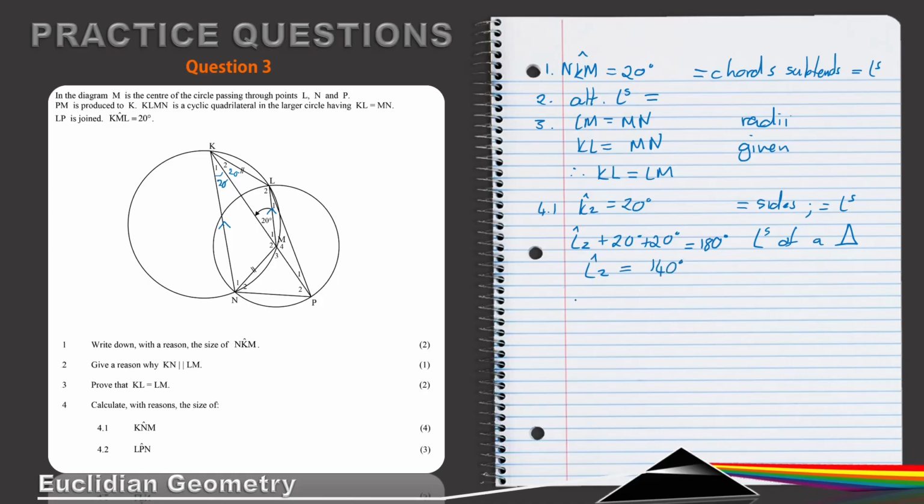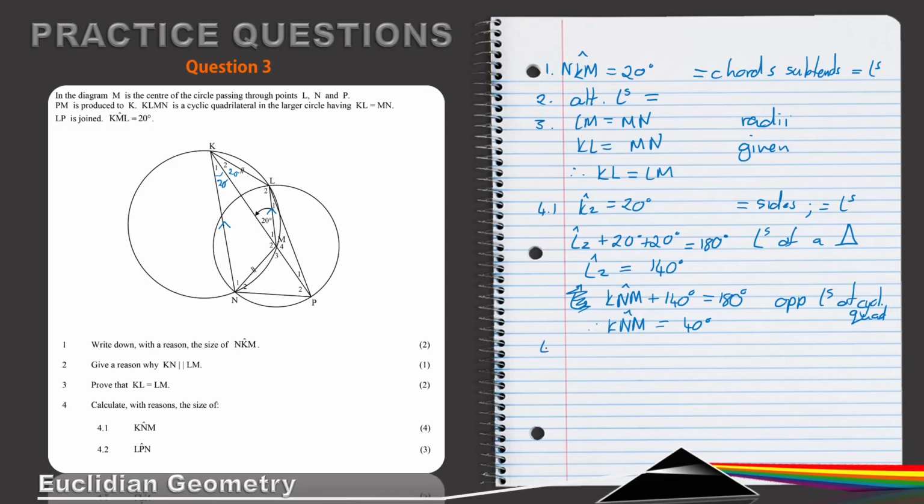Now we can say that K in M plus 140 degrees is equal to 180, and that is the opposite angles of a cyclic quad. Okay, so that makes K in M equal to 40 degrees.